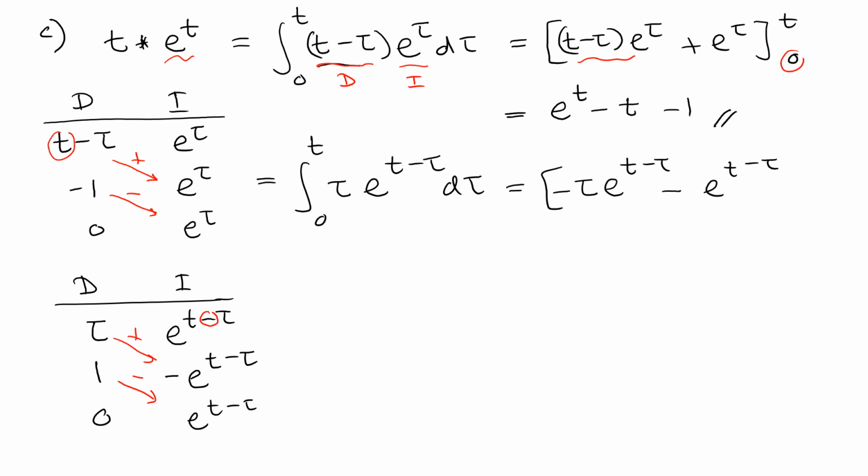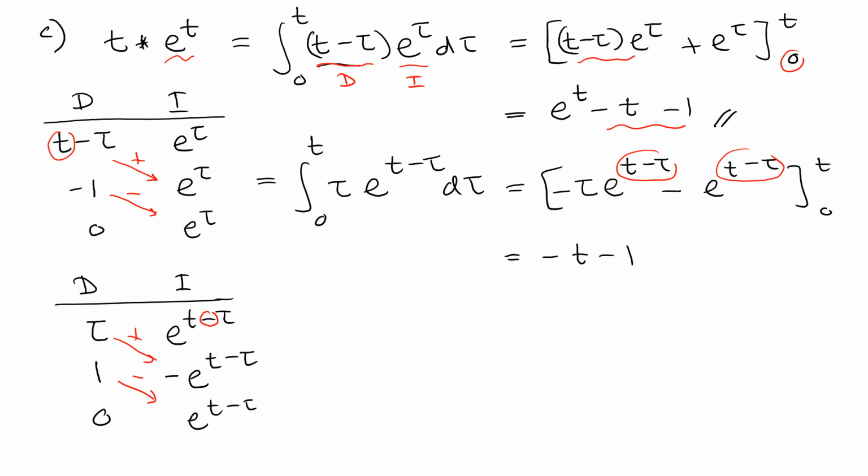So what we're going to do now is evaluate at t equal t and 0, and you can see that when you evaluate at t, these terms are 0 and 0, so you only get 1 from this one. So you're going to get negative t and negative 1. So you get the last two terms first.